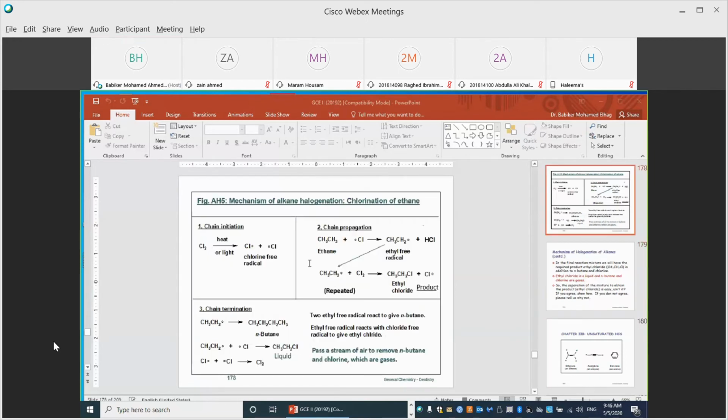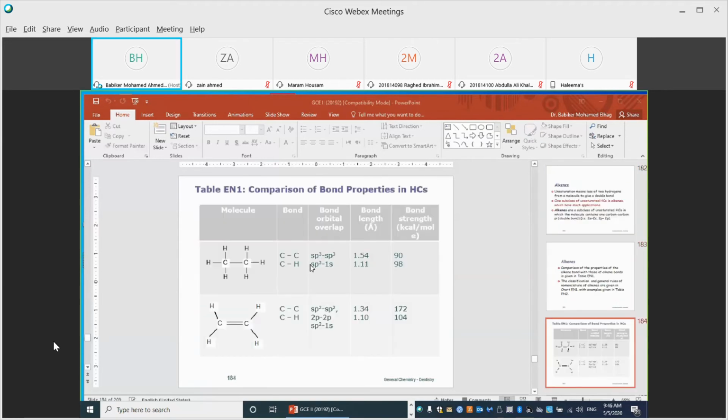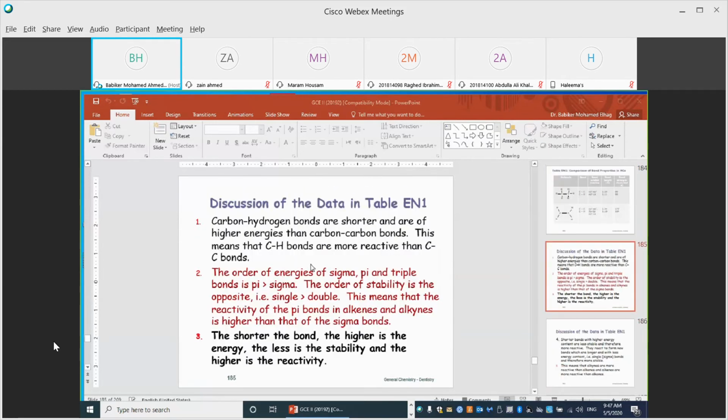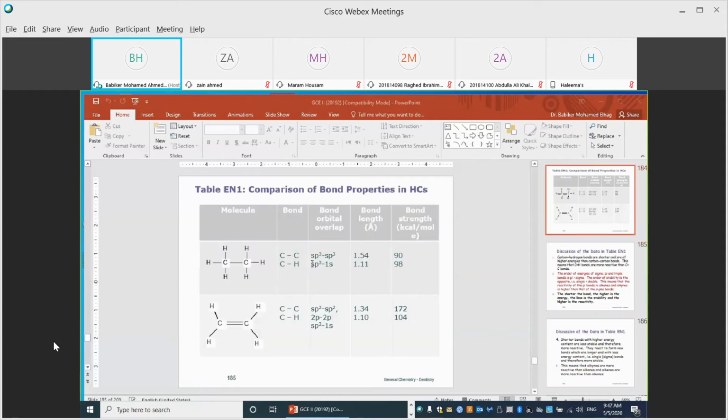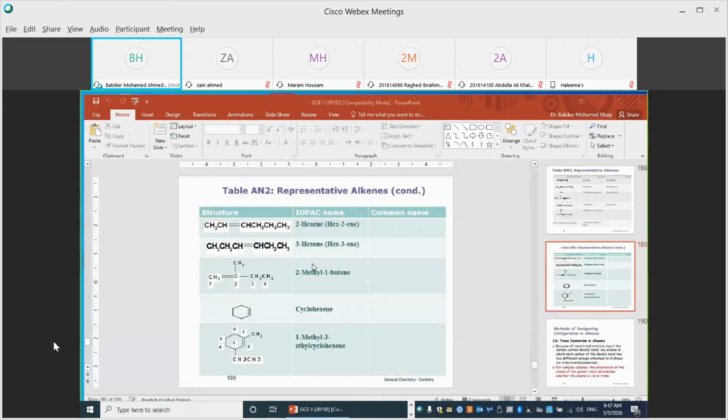And then we talked about alkenes, where we have an sp2 bond and 2p bonds. The double bond in alkenes is made of two bonds, like here or wherever. One of the bonds is 2p from 2p orbitals shared, and the other bond is sigma.